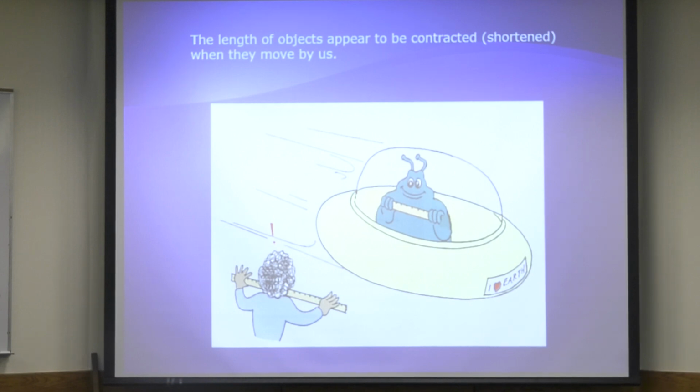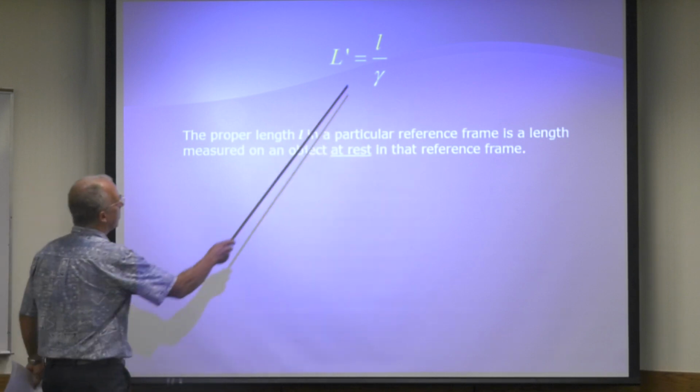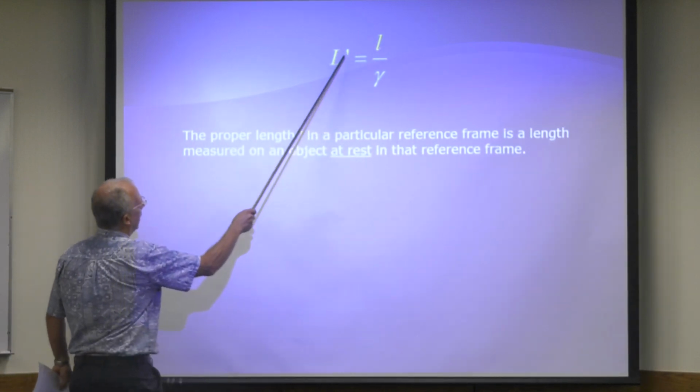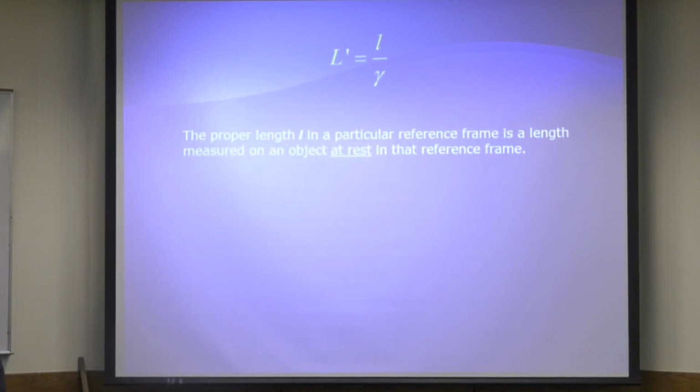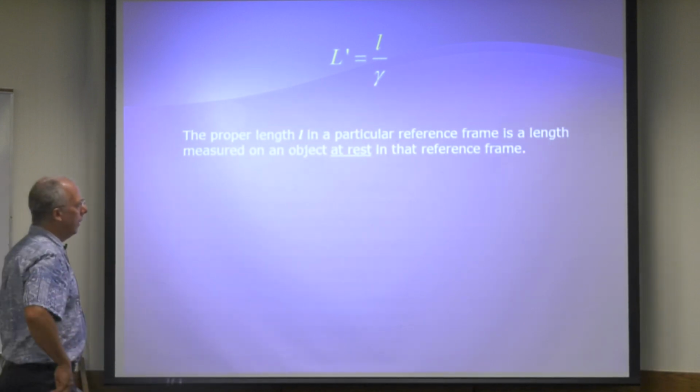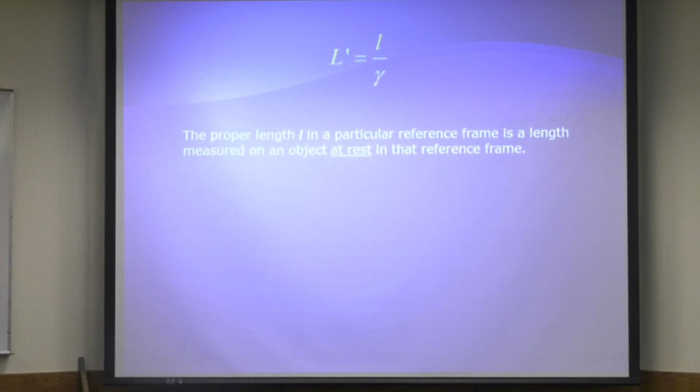All right, now again, just like with time, the crucial point is to figure out what's the proper length and what's the contracted length. So you got to understand this. So the proper length, which is this, without the prime. So the proper length in a particular reference frame is a length measured on an object at rest in that reference frame.